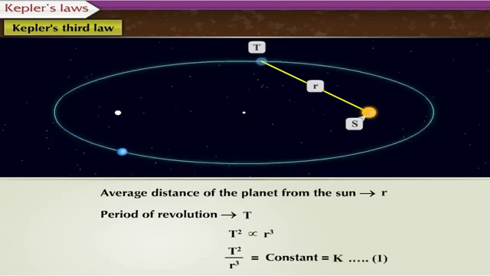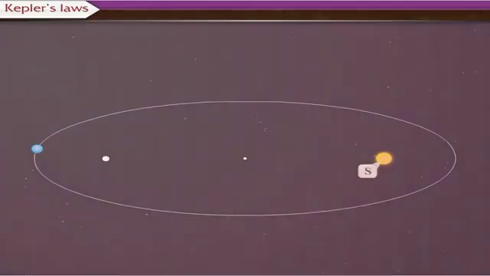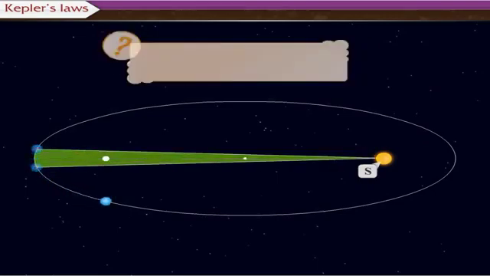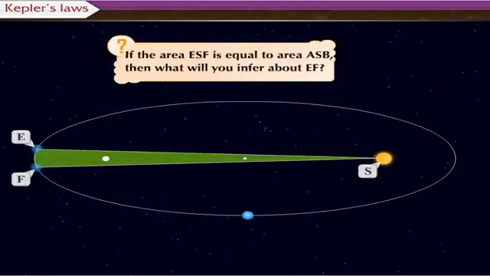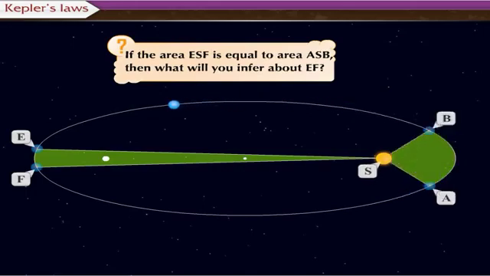After studying about ellipse and Kepler's laws, now it's time for a question-answer session. As shown in the figure, if the area ESF is equal to area ASB, then what will you infer about EF?